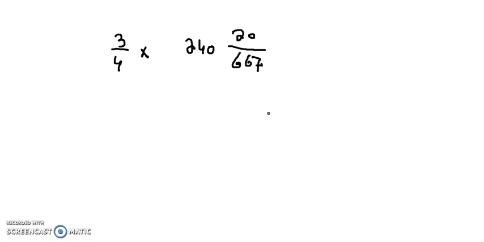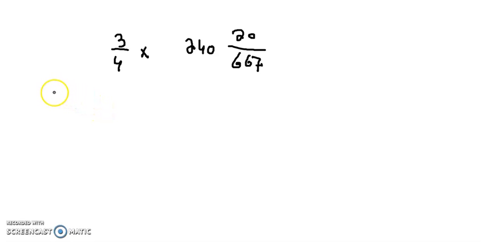This is a very large fraction. If you multiply it without a calculator, this will take you a lot of time, and sometimes you might not get your answer right if you make any mistake. So a simpler way is also to break this fraction into smaller pieces.